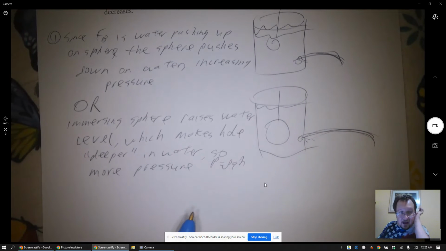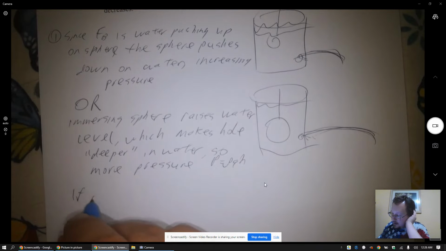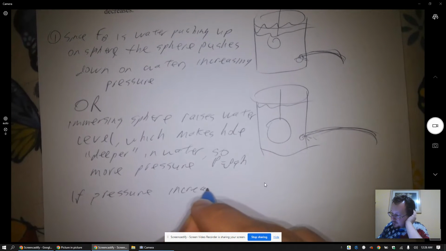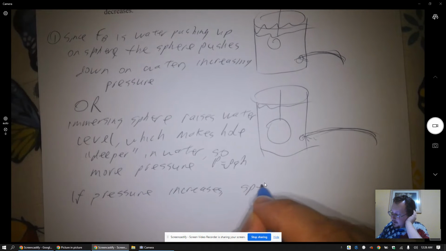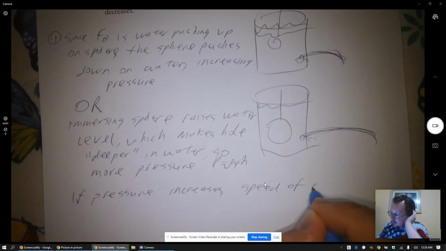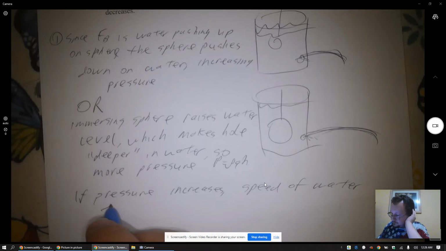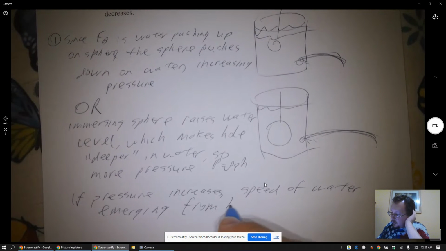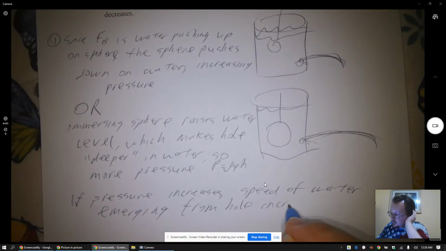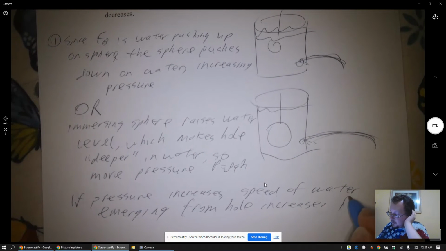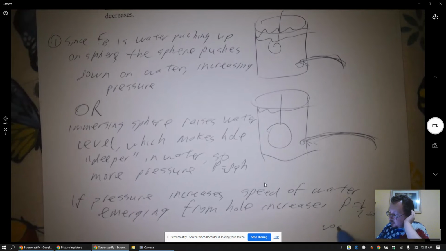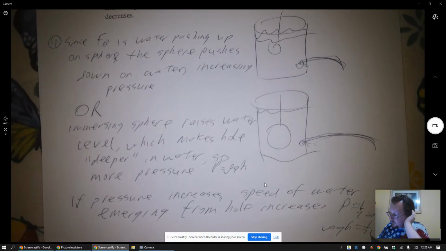Okay, either way, you have to talk about pressure, and then you got to say if pressure increases, the speed of water emerging from the hole increases. And then you need to say something, maybe P equals 1/2 rho V squared, or rho gh equals 1/2 rho V squared.